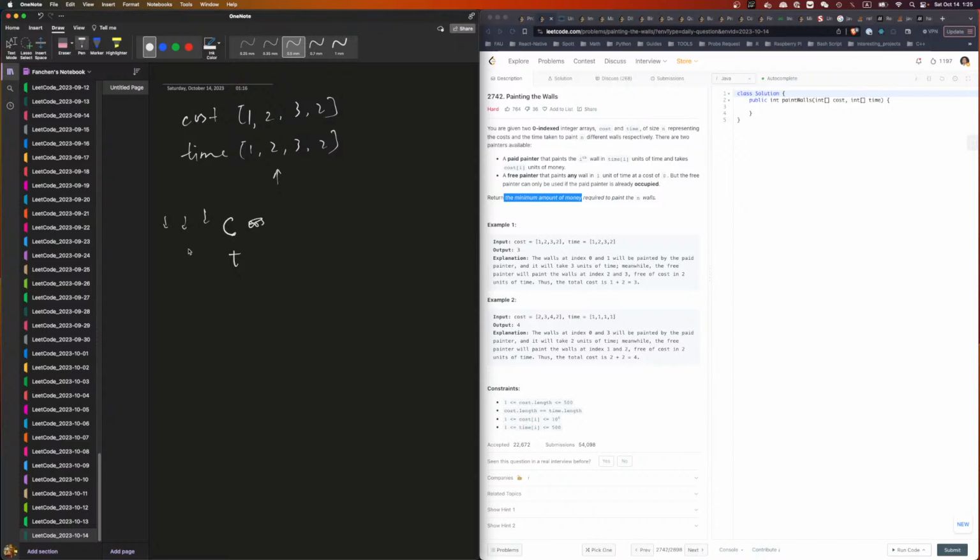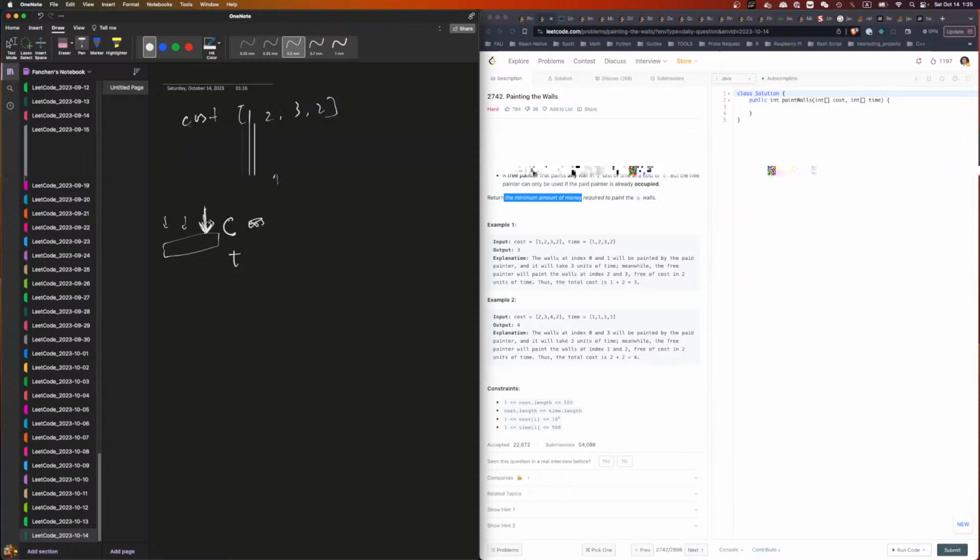Actually not, because you have to paint all these walls. So it's just this one, right? So you look at the smallest cost of this, right? The smallest cost of this will have an extra. That's the smallest. So if it's smallest and the extra is good, then you can include that.